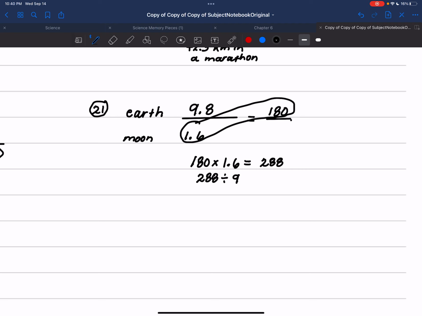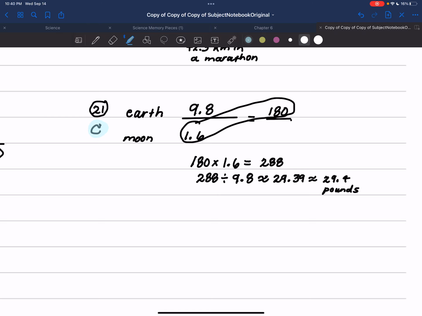Divided by 9.8 is approximately 29.39 if you round it. And they've gone ahead and rounded it yet again to 29.4 pounds. This is C, the answer.